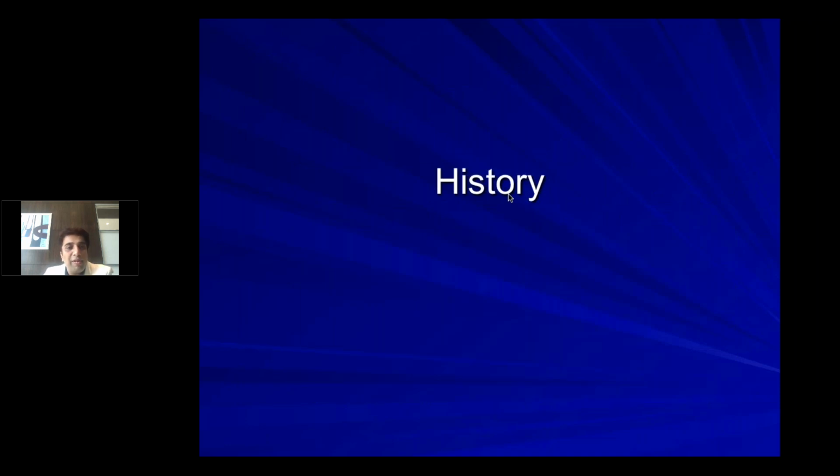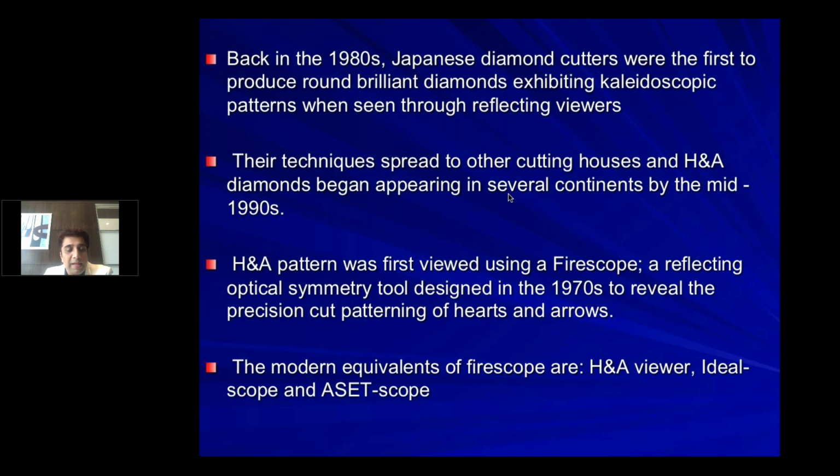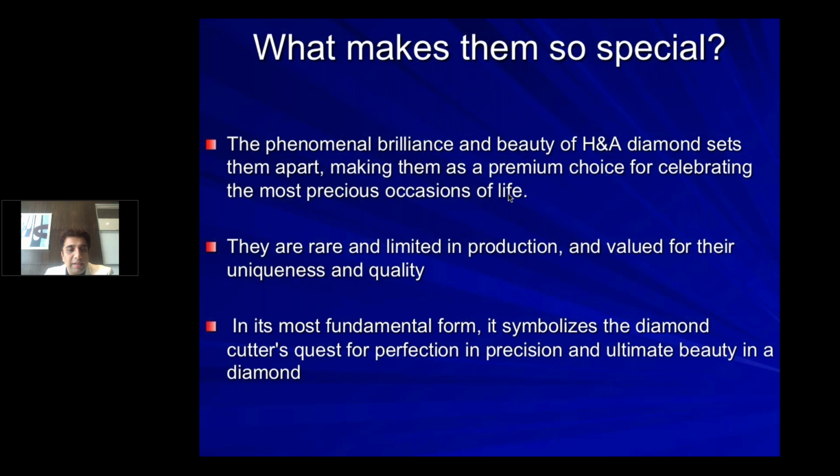We spoke briefly about the history of how this was accidentally seen in Japan, and today, the world over, we see these diamonds being sold. What makes them really special is firstly the fact that they're not generic. They have to be really cut and polished to perfect finish in order to achieve this. And yes, it's quite a quest to achieve this perfect beauty.